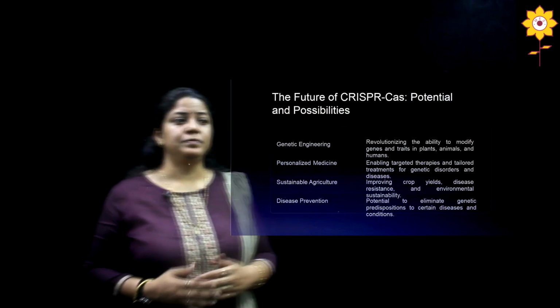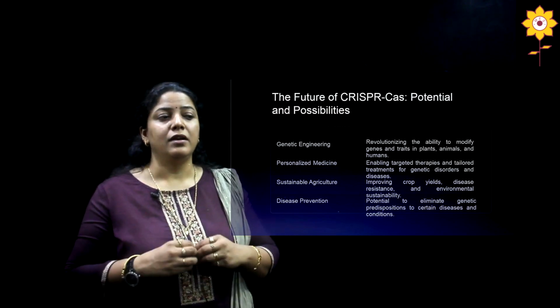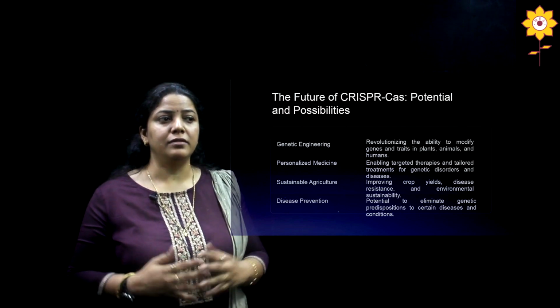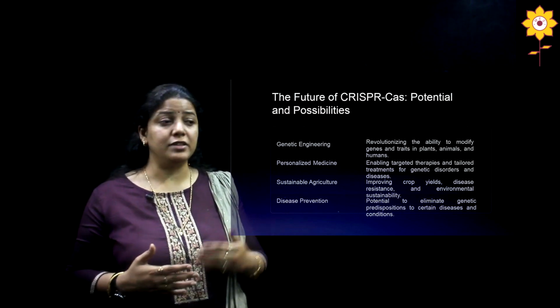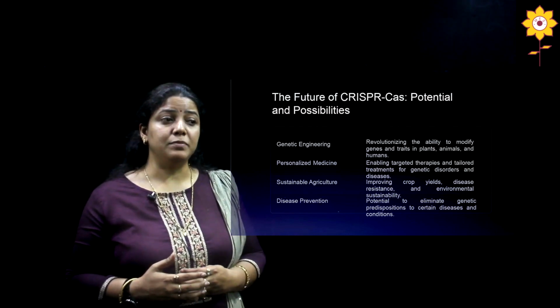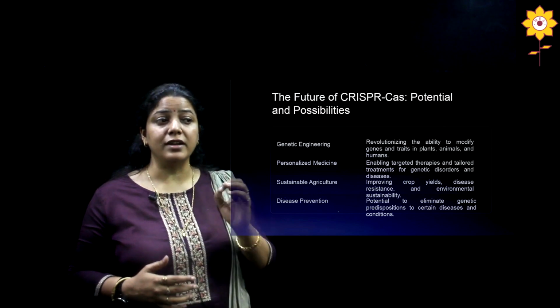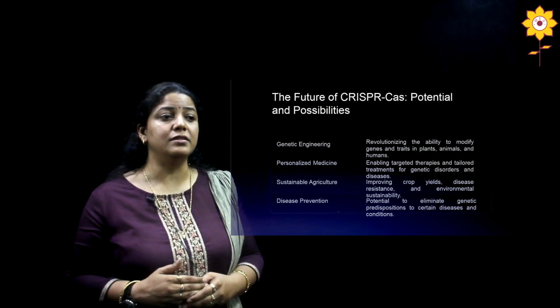In the future, the CRISPR-Cas system is definitely revolutionizing the entire field, where we can modify genes and traits in plants, animals, and humans in vivo. For personalized medicine, we can go for targeted therapies and tailored treatments for genetic disorders and diseases.